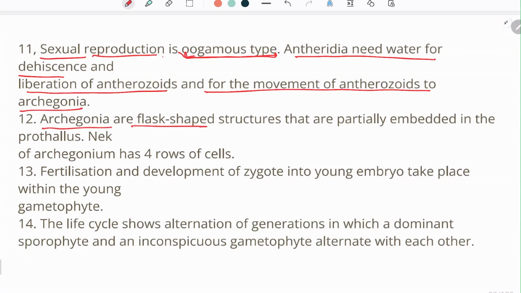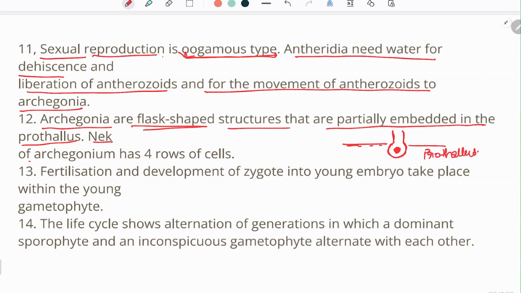Archegonia are flask shaped. We all know the shape of the archegonia. It looks something like this, a flask bearing the egg, and these structures are partially embedded in the prothallus, not completely, but partially.